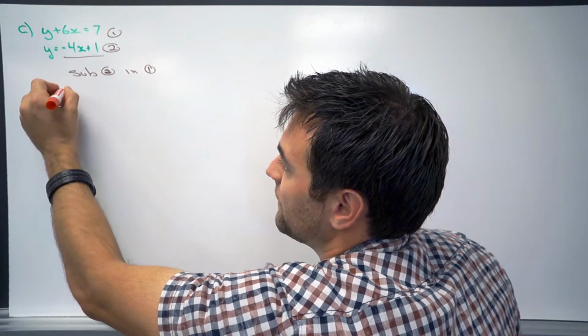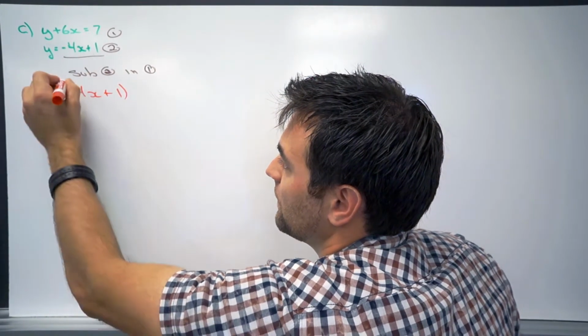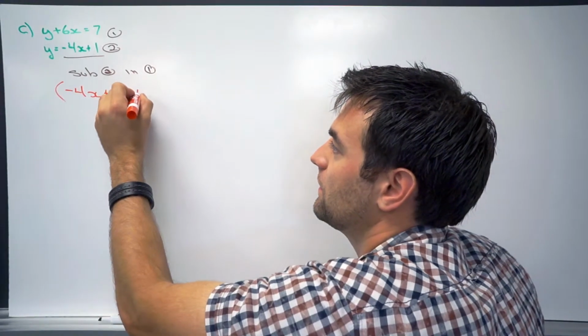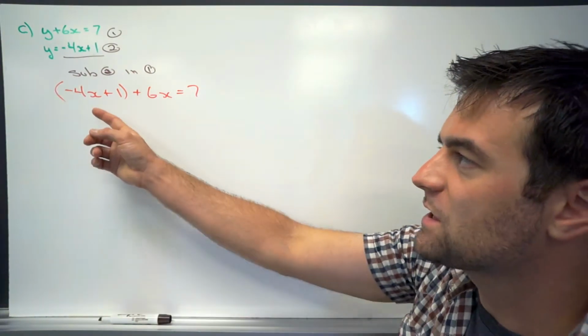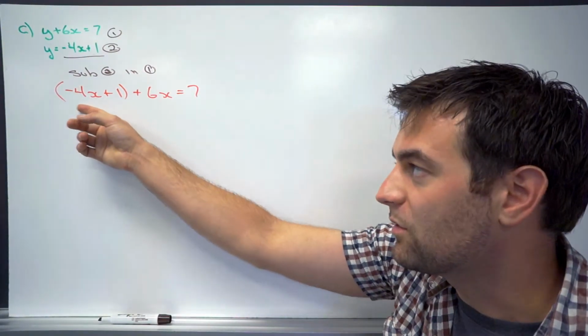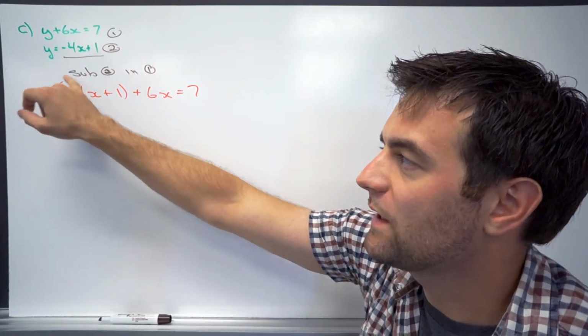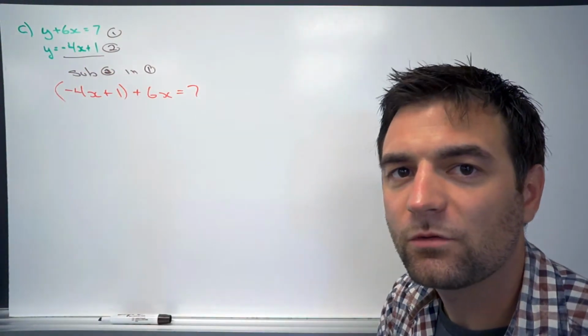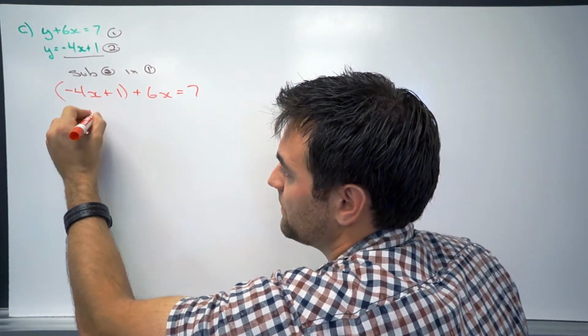So I can replace the y up here with negative 4x plus 1. So I'll have negative 4x plus 1 in place of the y plus 6x equals 7. And I just subbed that whole expression and put it in brackets just in case there was a number up front that I had to multiply by. I'd make sure I multiply everything through. Now I don't need the brackets, so I can drop them.